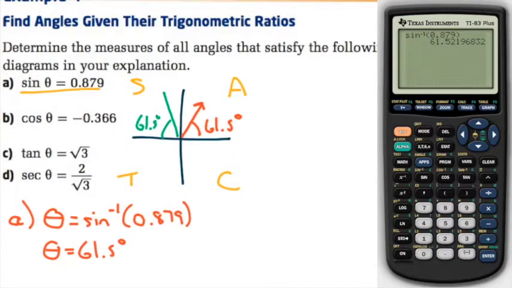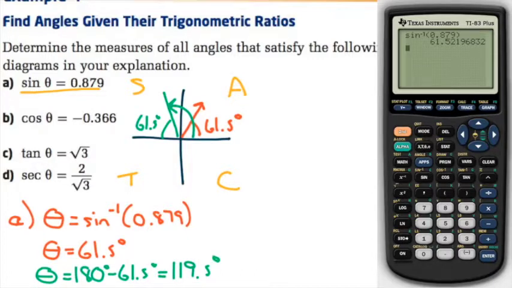Now that doesn't tell us the second angle, that gives us the information to find it. That second angle is still measured from standard position like so. So to find that second angle, we need to take 180, subtract off 61.5, and our second angle would be 119.5 degrees.